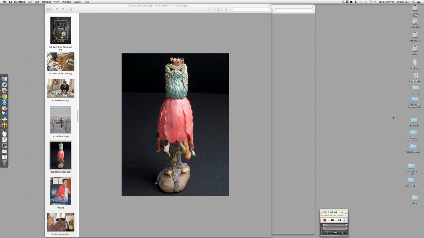Wait, here's one other question. Georgia wants to know, are the owl feathers from one cane with Skinner blends? No, not Skinner blends, because this is one of the reasons I didn't offer a tip tonight: if there's a really hard way to do it, that's the way I do it. All of the feathers are made from the 10 graded shades, mixed and stacked.